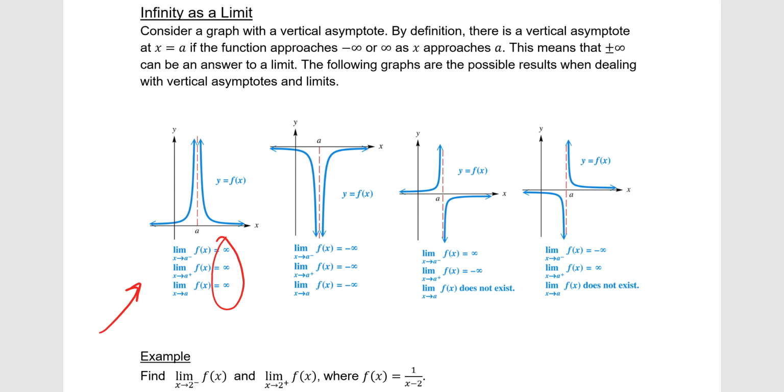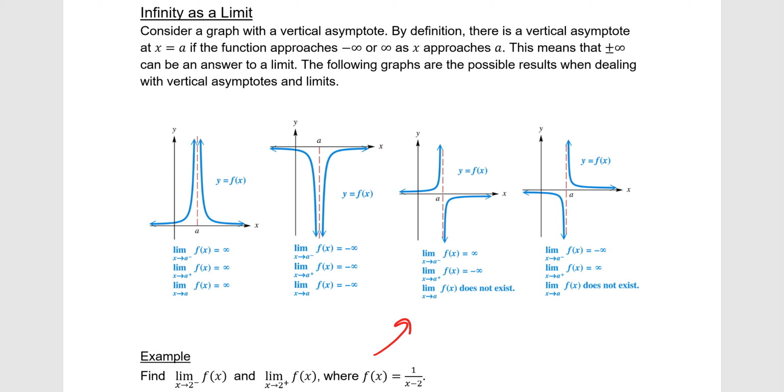So that means from the left, from the right, and the limit in general, everything is infinity. Pretty easy. For the second one, we have the vertical asymptote, and the function is going towards negative infinity from the left and from the right. So from the left, it's equal to negative infinity. From the right, it's equal to negative infinity, which means in general, it's equal to negative infinity.